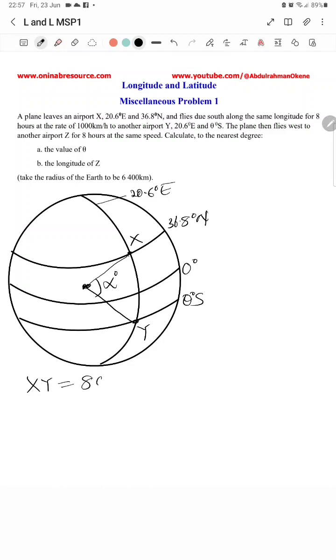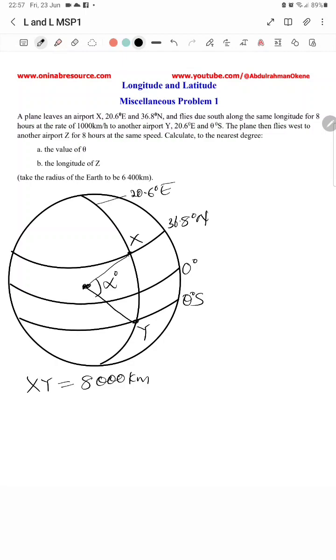We know the distance XY to be 8,000 kilometers, because the number of hours is 8 hours, and each hour it covers 1000 kilometers. That's the meaning of 1000 kilometers per hour.